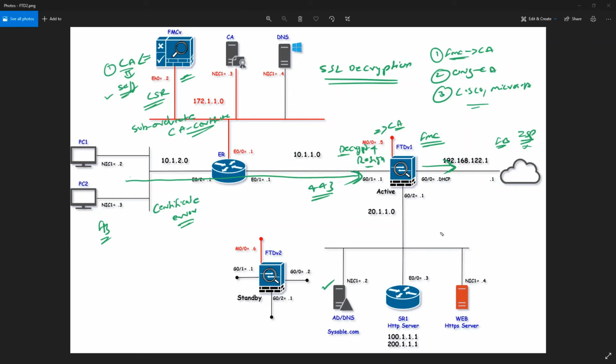Any other organization on the internet does not trust my FMC as a CA. So you will get the certificate error whenever you make a connection, and after 2 or 3 minutes the connection will also be blocked by the firewall of these servers, since it is not trustable. That's the reason you will get those errors.